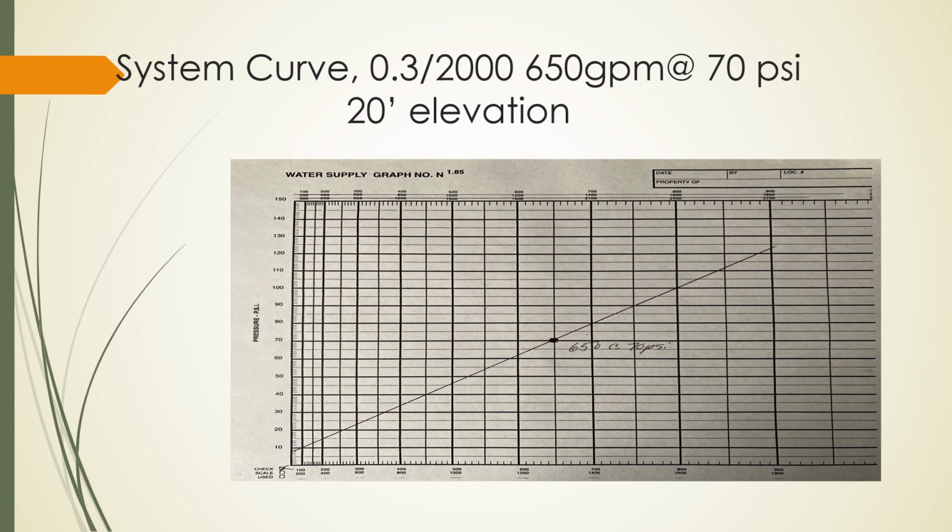It's an interesting point about this curve that any point along the line is valid for the sprinkler system. There's a couple of things to keep in mind here. This sprinkler system curve is only valid for 2,000 square feet. What we're saying is that we have reduced the sprinkler system to a Q equals K square root of P. We've reduced the entire system to just one large K factor.